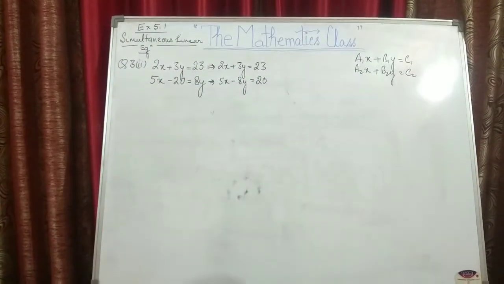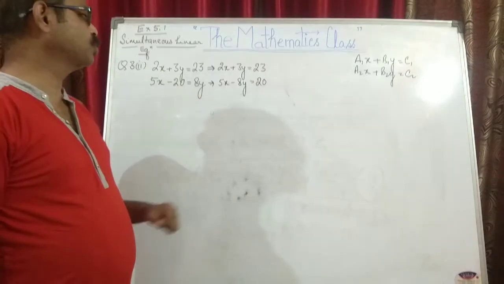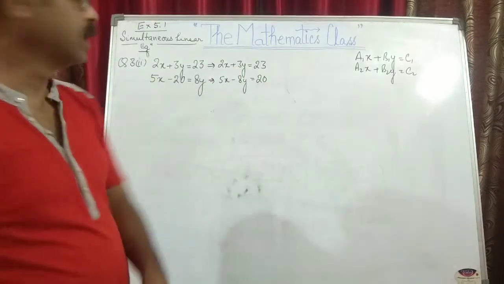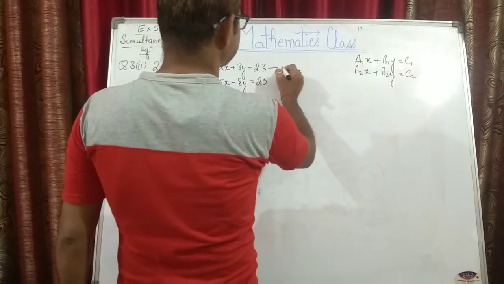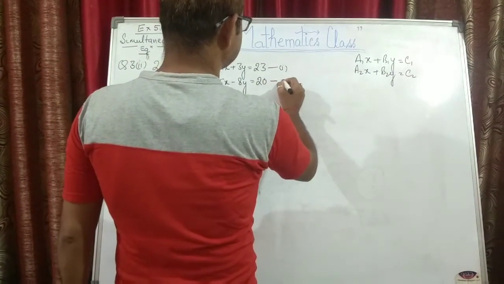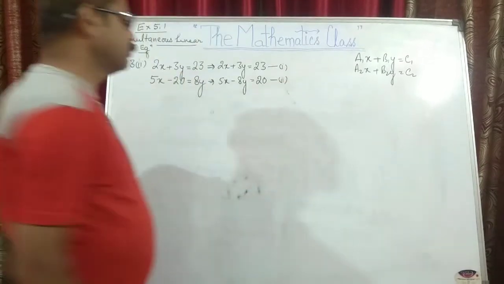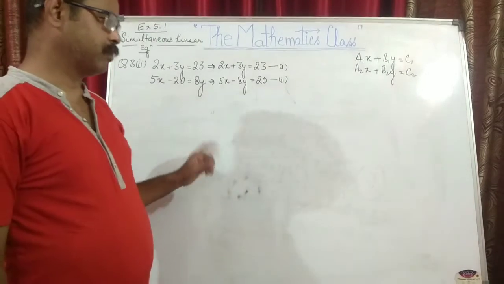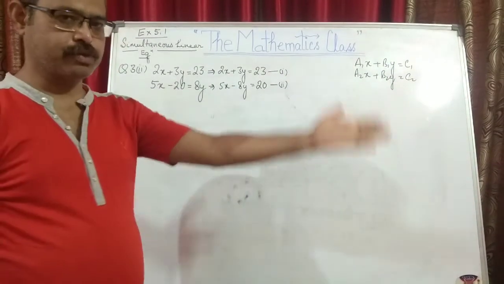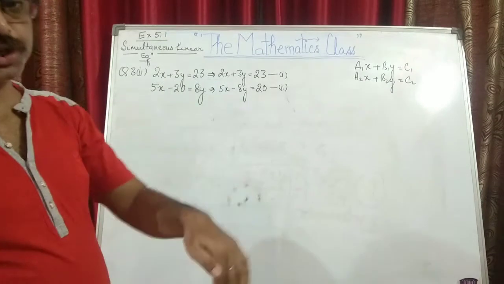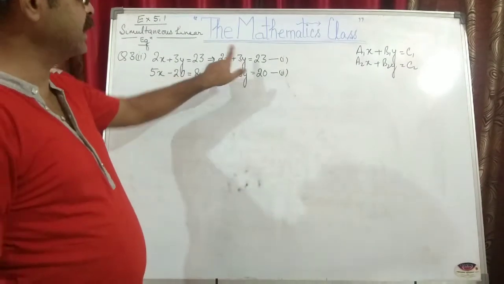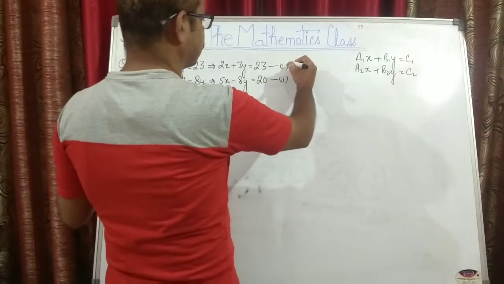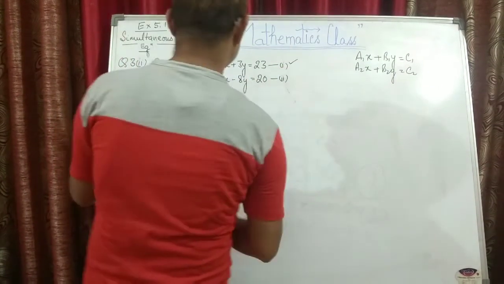Now let us take this as equation number 1 and this as equation number 2. We will take the value of one variable. In the previous one we wrote x in terms of y. Now in this equation we will be writing y in terms of x. So I will take the value of y from the first equation.